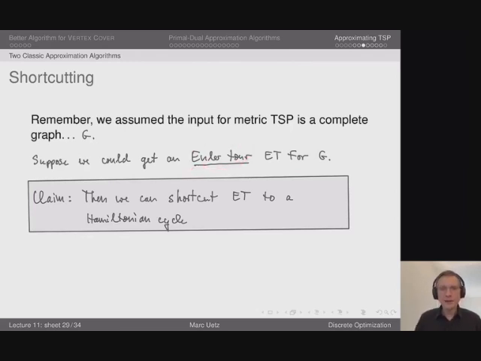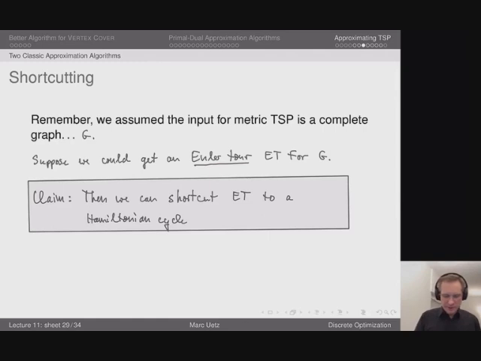And then the claim is that when we have such an Euler tour, ET, we can shortcut it onto a Hamiltonian cycle. So that means we can compute a Hamiltonian cycle in the same graph, which has a total length or total cost not more than that of the Euler tour with which we started.